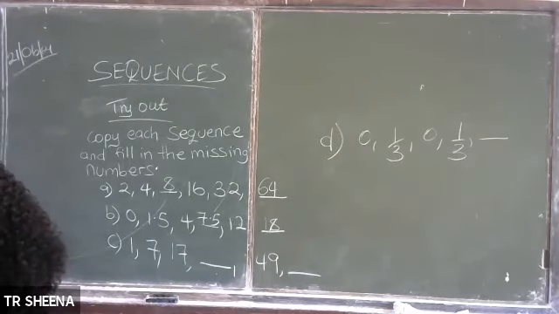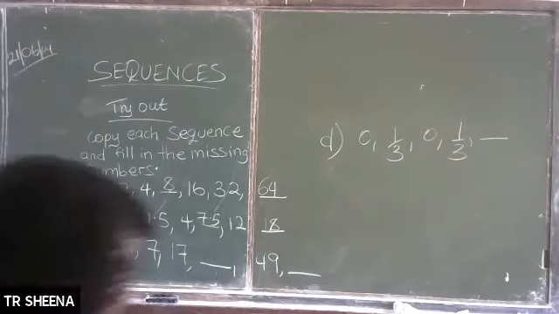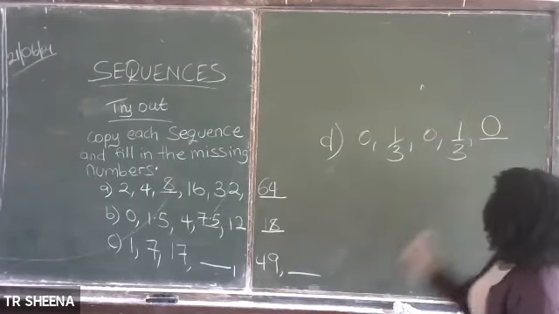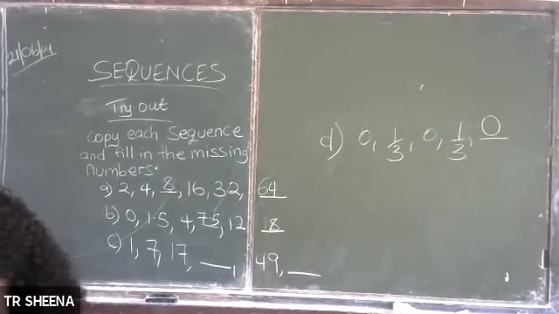What's the next number in part D? 0. Thank you. You are shy for nothing. I think today even the boys did come, but you are shy. Okay. Yes, Nuriat also had 0.